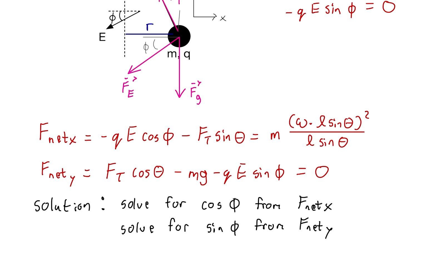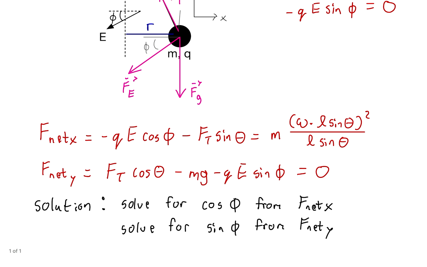Well, then you can eliminate phi altogether by adding the squares of both of them. Okay, so take sine squared phi, right? But substitute it in with all the other variables, including tension, plus cosine squared phi equals 1.